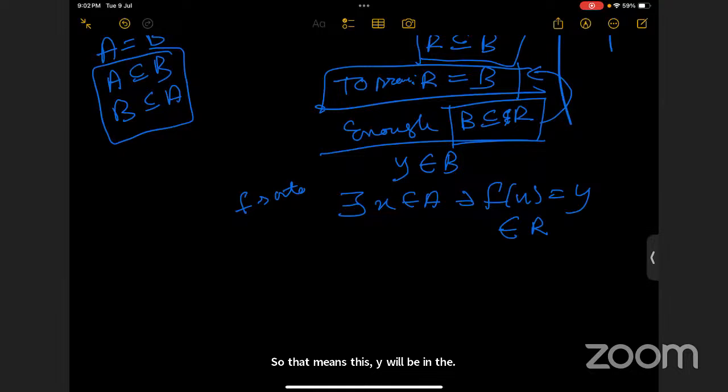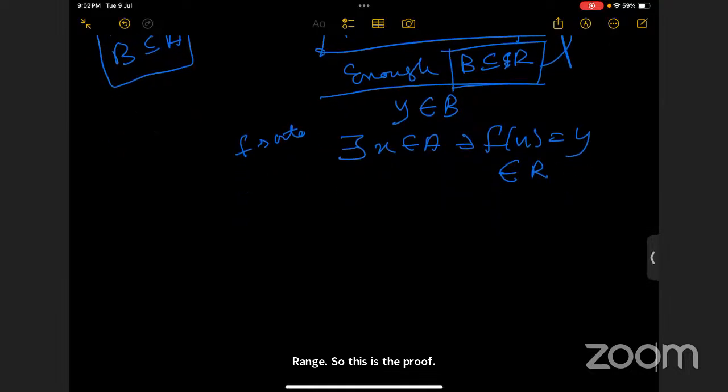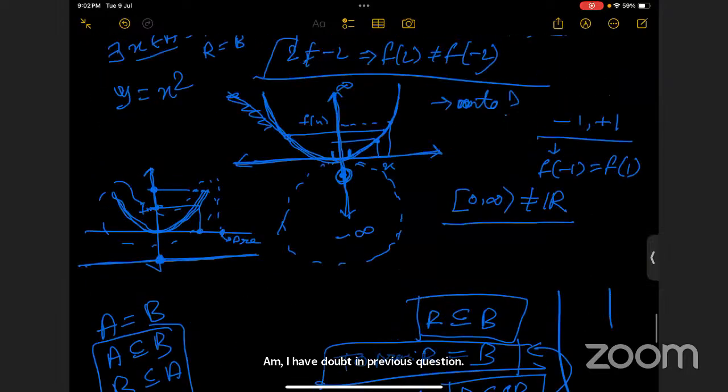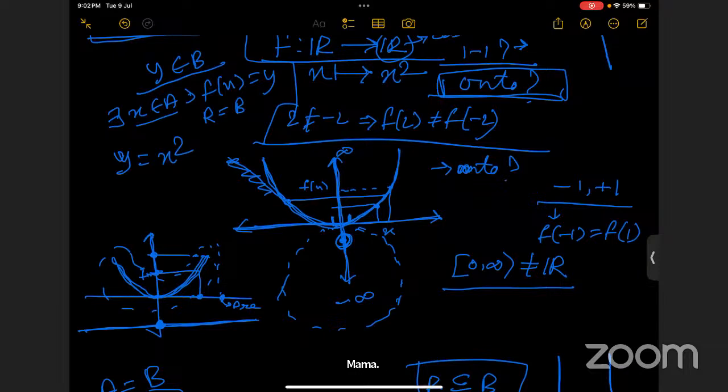You can analyze anything in 2 or 3 steps. Okay. So again, let f(x) equals x cube from R to R. Ma'am, I have a doubt in the previous question. What happens if we take a codomain 0 to infinity?